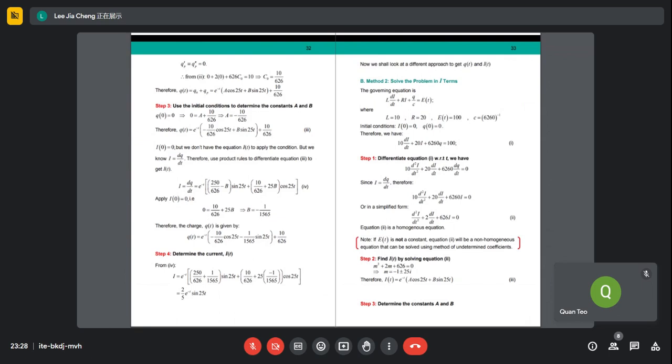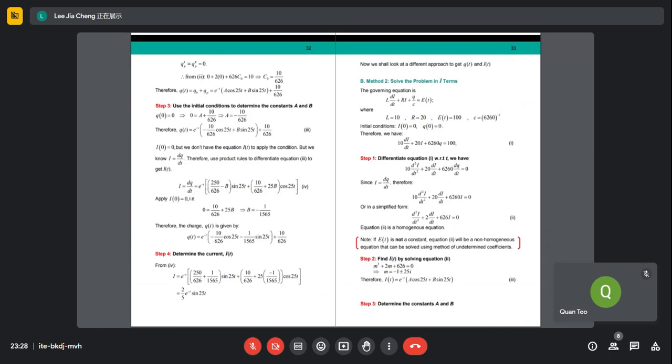We will have 10 d2i/dt squared plus 20 di/dt plus 6260 dq/dt equals 0. After we simplify, we get d2i/dt squared plus 2 di/dt plus 626i equals 0.